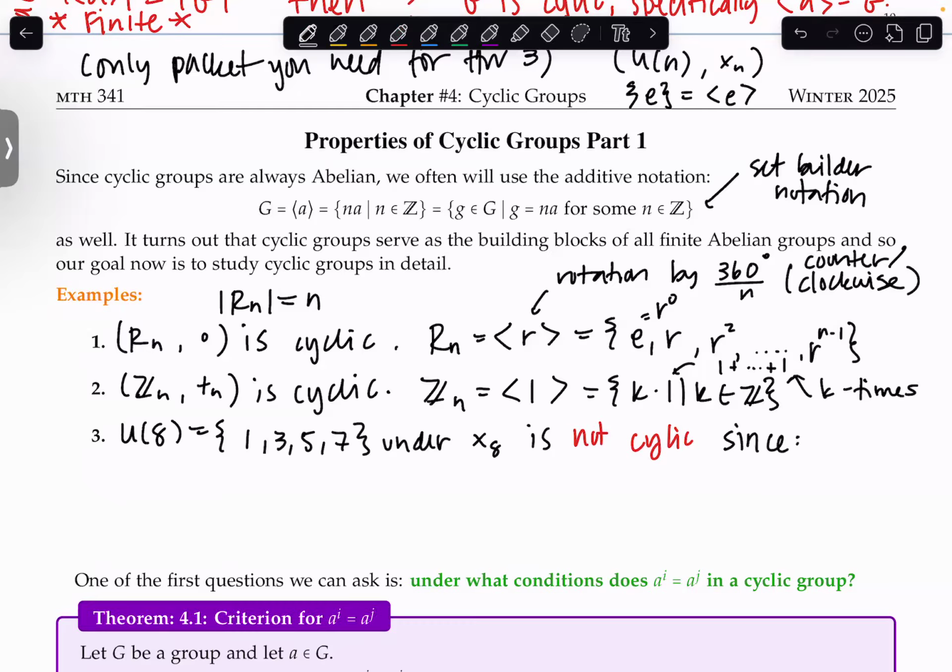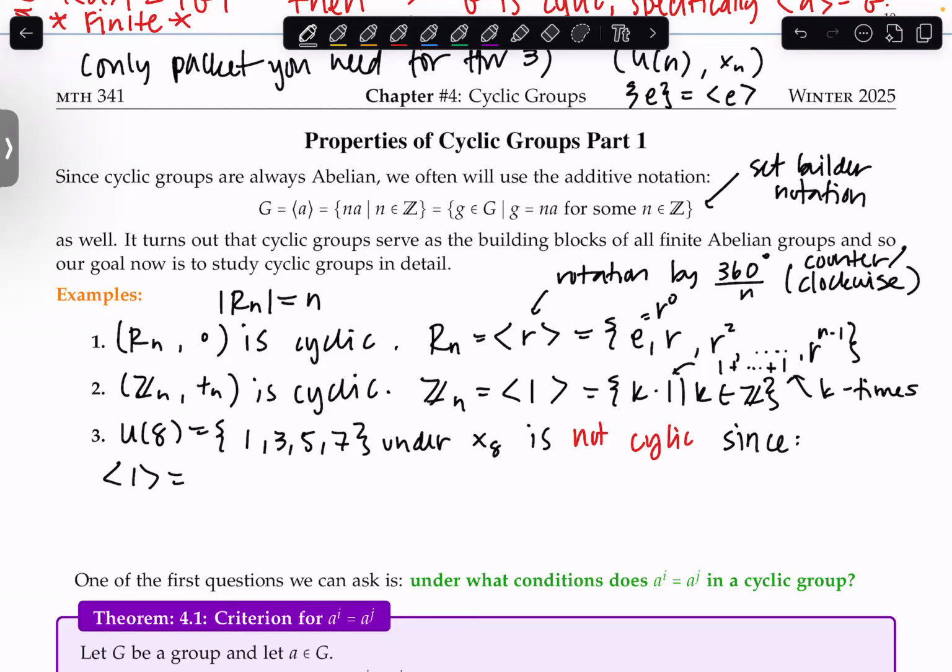So my goal, if I want to show something is cyclic, is I want to find one element that generates the entire group. So if I want to show something is not cyclic, I really need to show that none of my elements generate back the group. So we'll look through the powers of these elements, and really we can do this pretty easily.